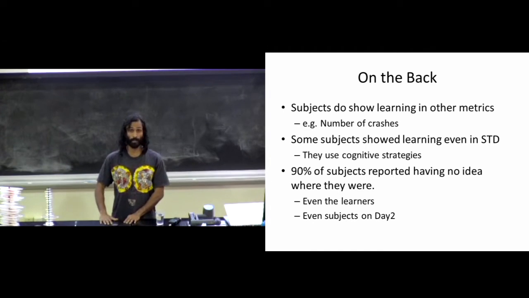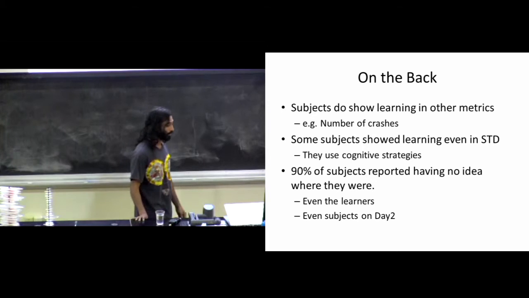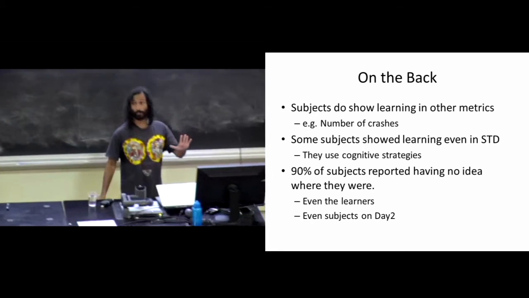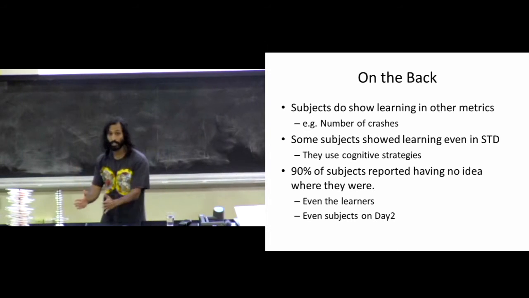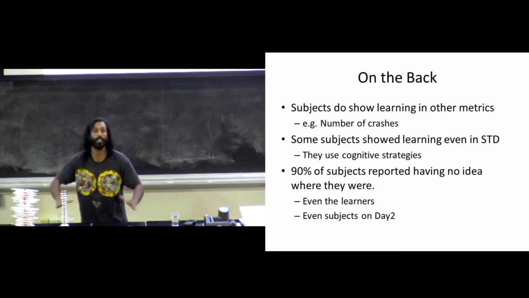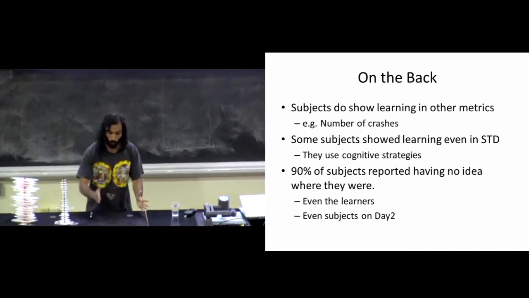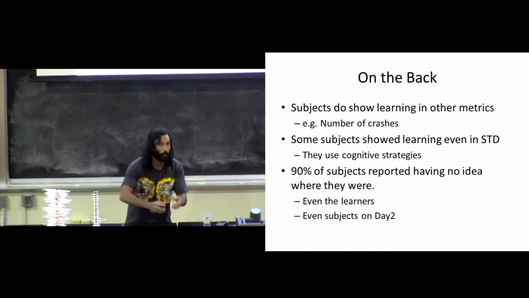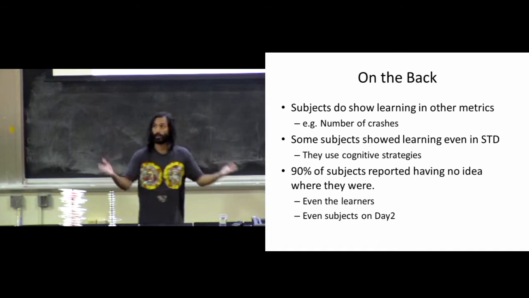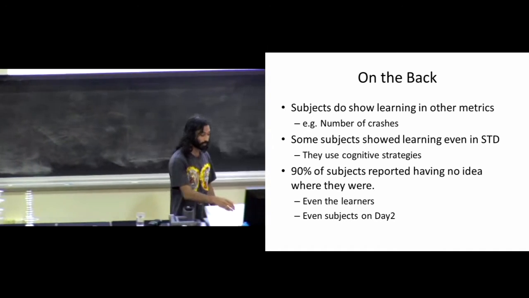If you're curious about it, ask me at the end what I mean by that. Nevertheless, 90% of all subjects, even on day 2, even those that learn to minimize their variability, say they have no idea where they are. They can control and decrease the variability a little bit by using cognitive strategies, but still they don't know where they are in space, which is pretty interesting.